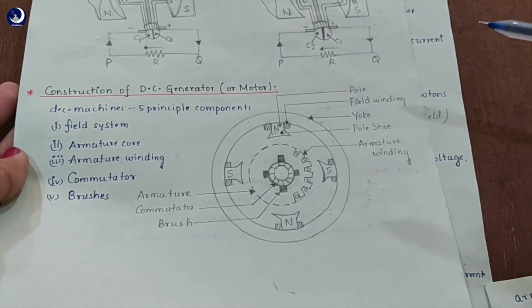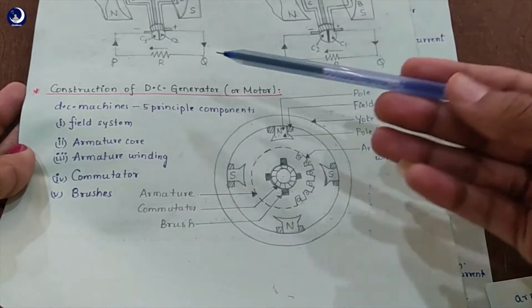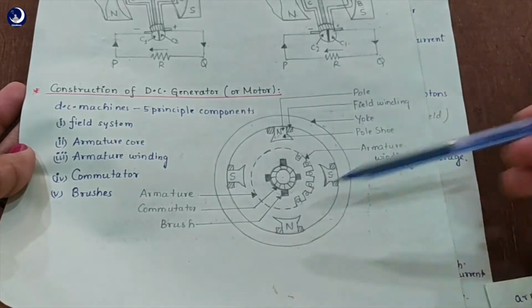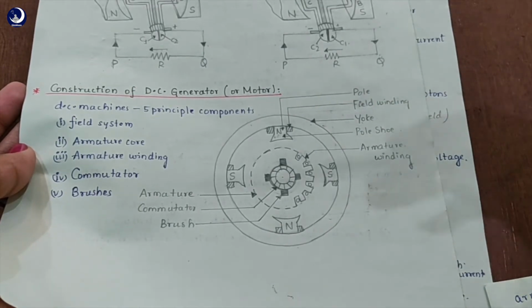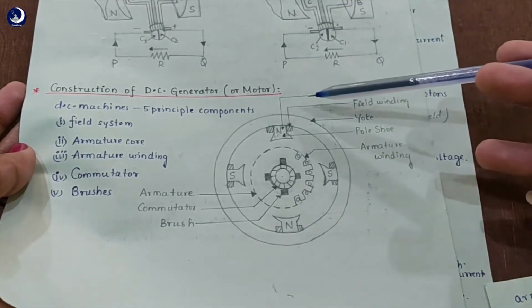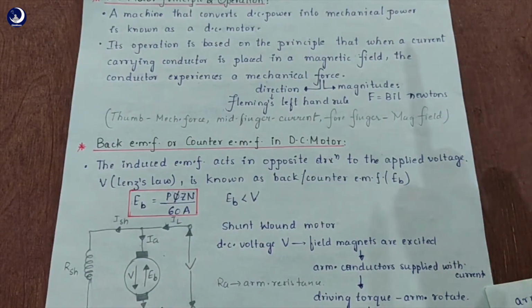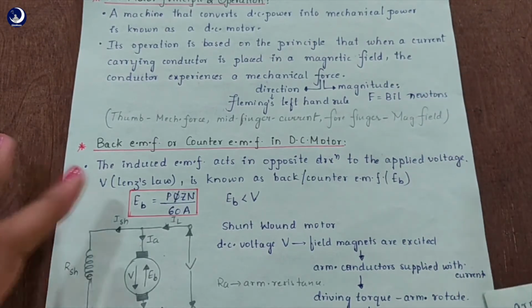As I've told you in the previous lecture, the construction of DC generator and DC motor are the same. That is, the same DC machine can act as both the generator and the motor. Remember this point. Now let's discuss back EMF or counter EMF in DC motors.